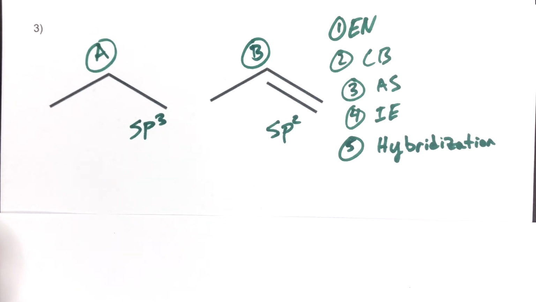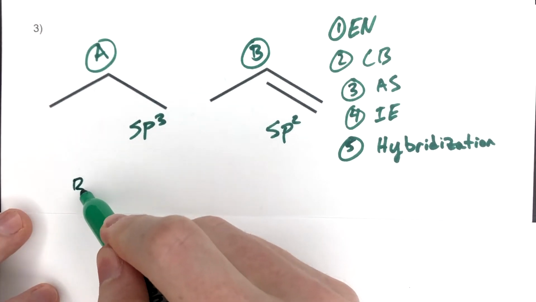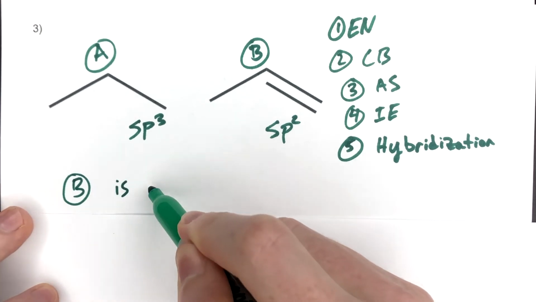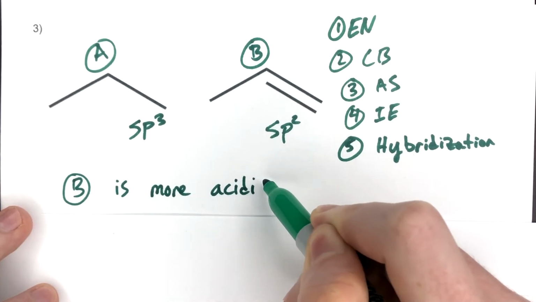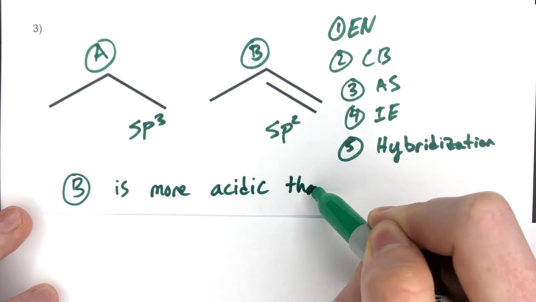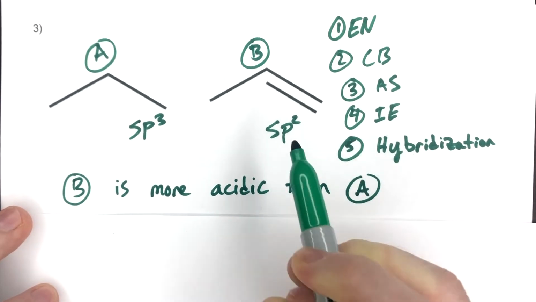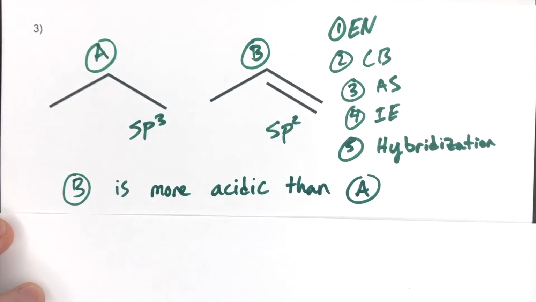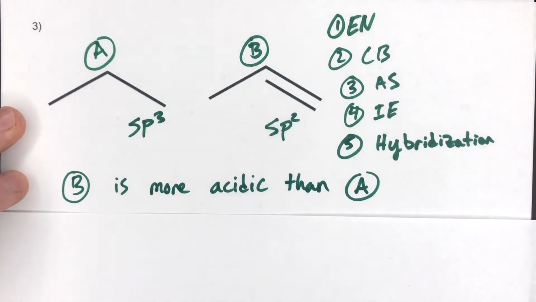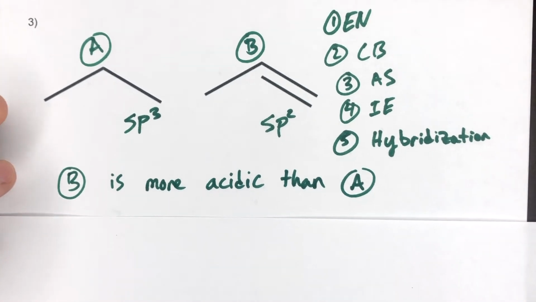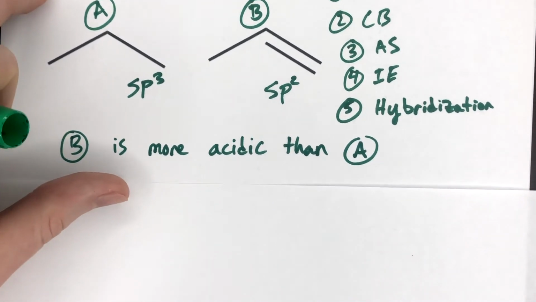So that says that B is more acidic than A, due to the fact that this one has 33% S character and A only has 25% S character. And once again, this means that B would have a lower pKa than A. Again, that could be the way the question was asked.